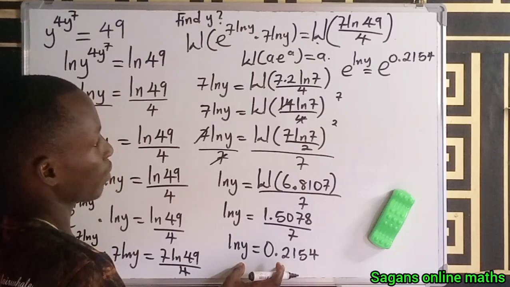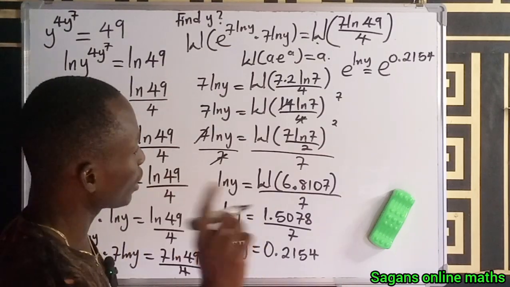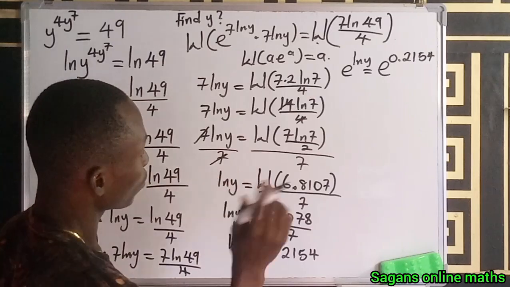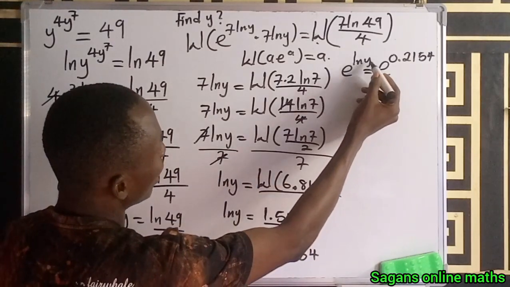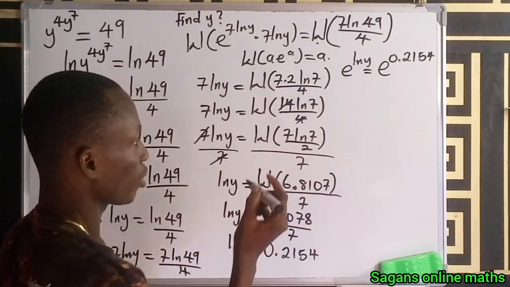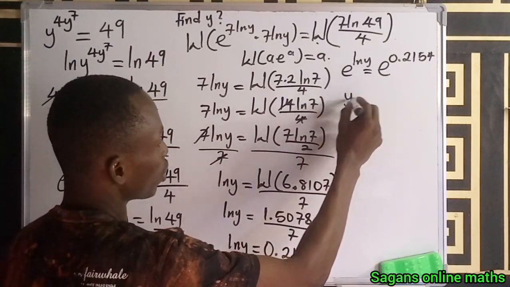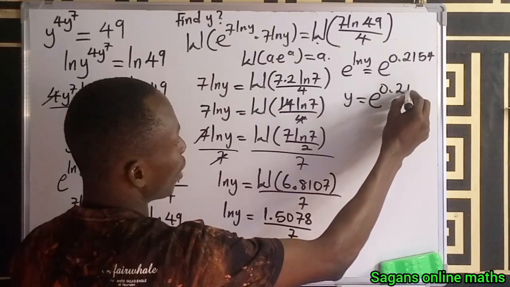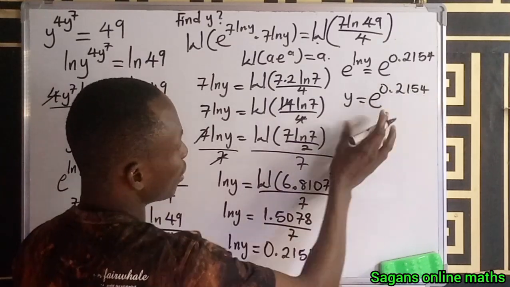By obeying one of the properties of logarithm, we know that e raised to the power ln y will just give us y, because this ln is in base e. So that means y equals e to the power 0.2154. Okay, this is the value of y.